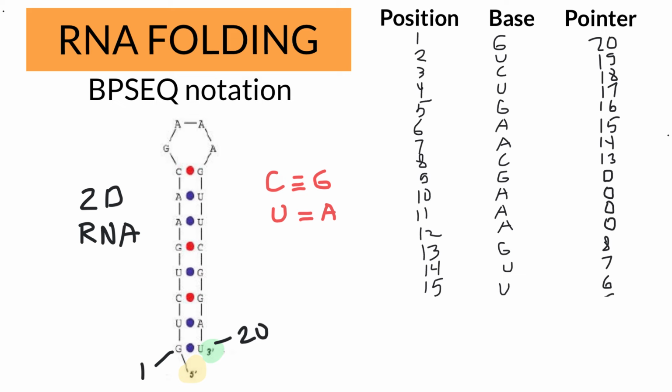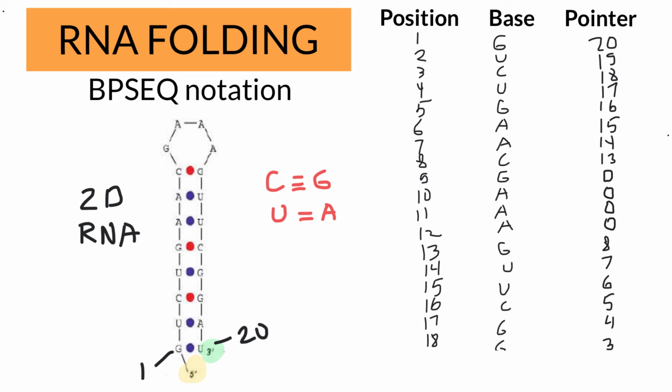And then at the position 15, we have uracil, which points to the position 6 and makes a bond. Then position 16, cytosine, points to the 5th nucleotide. And 17, we have guanine, which base pairs with position 4.